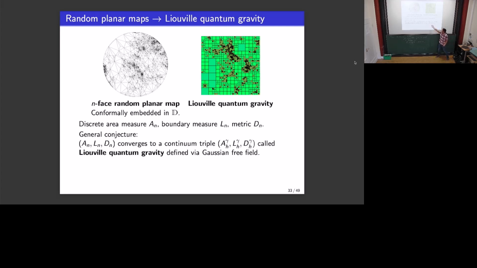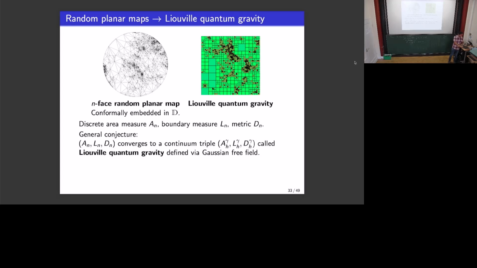This first quantity, we've already seen. This is the Gaussian multiplicative chaos on the unit disk with parameter gamma. This boundary measure here is a boundary version of the Gaussian multiplicative chaos for the free field. And this is something else which we're not going to discuss today, but it's a function of the free field.